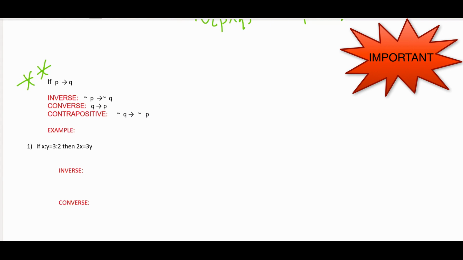There is no need to change the place, just negate the first implies negate the second. This is called inverse.